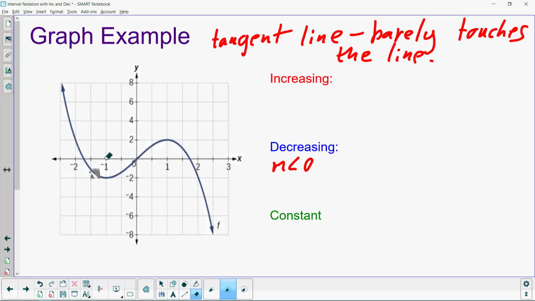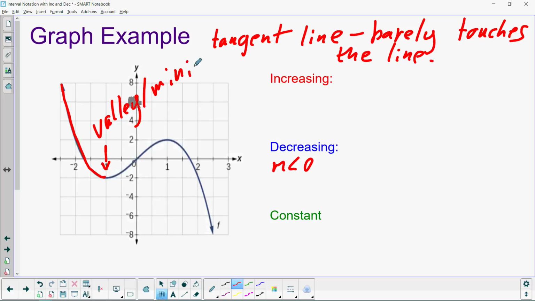So our graph is going down, down, down, down, down, down, down. Right here, we get to the bottom, and there's a valley there. The mathy word for valley is minimum. If you hit a minimum, you stop going down, and you turn around and start climbing back up this other hill. Then you'll get to a max, or a maximum.